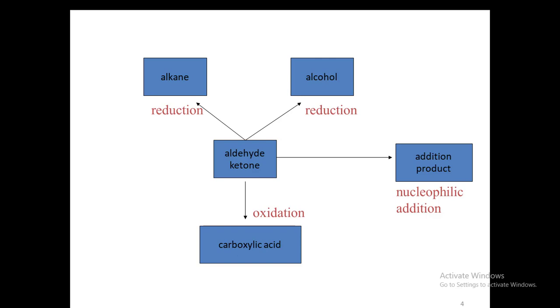If you know the mechanism of these reactions, it will be easy for you to understand the different conditions and the different reagents involved in these reactions, and then you will be able to differentiate between these named reactions. But just keep in mind that aldehydes and ketones give reduction, and reduction produces alcohol, reduction produces alkane. They also give carboxylic acid by oxidation.